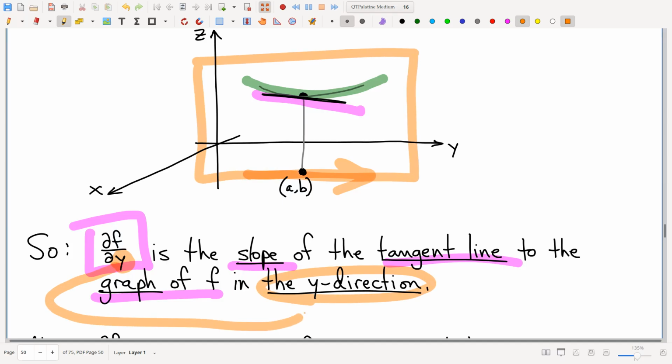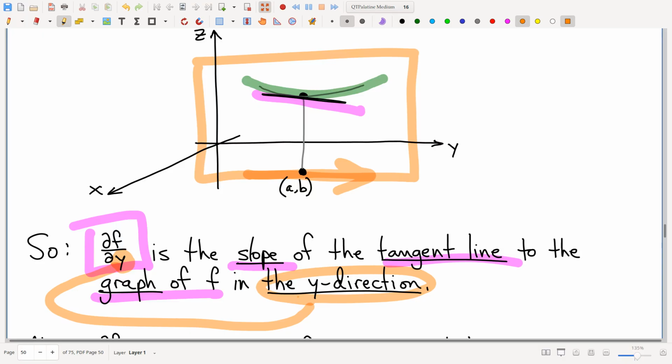So whatever you're taking the partial with respect to, you're looking effectively at a cross section in that direction. And so you're looking at the tangent line that points in that direction. Does that answer your question? Yeah. Okay. Are you happy? So this is the geometric interpretation of partial derivative.